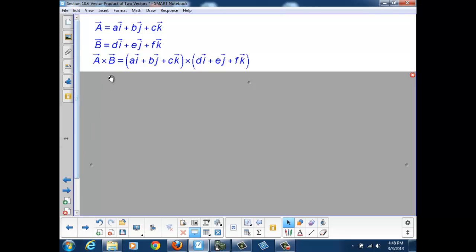So if we're doing A cross B, I've got these 2 vectors AI plus BJ plus CK and DI plus EJ plus FK. So what I'm going to do here is a FOIL calculation, or a superfoil, since there's 3 terms. Just follow along and you'll see how this works.